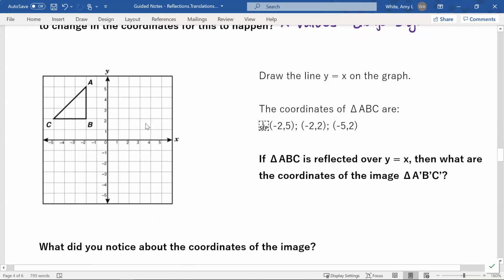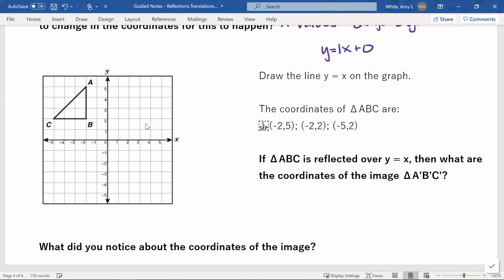Let's also look at this diagram right here. They want us to draw the line y equals x. As a refresher, y equals x is actually the line y equals 1x plus 0, right? Plus 0, so the 0 disappears, and we don't normally write a coefficient of 1.